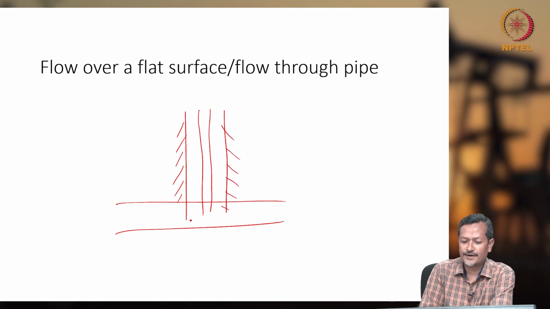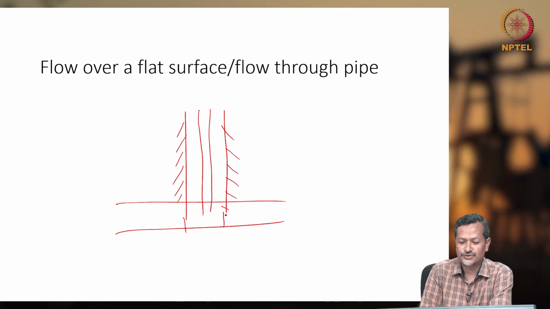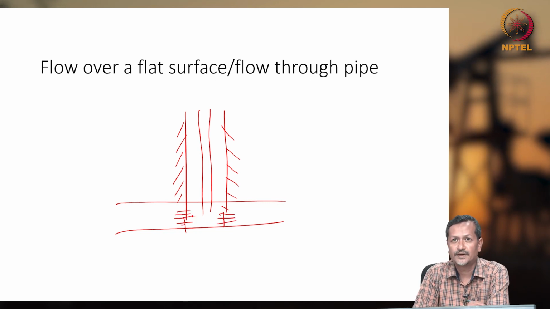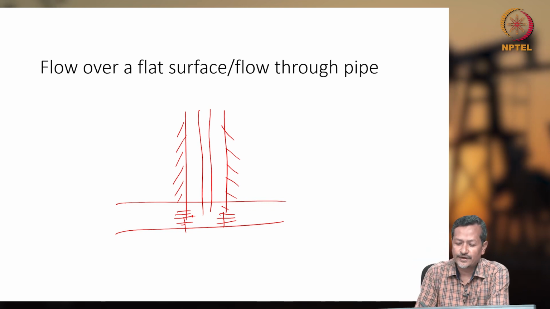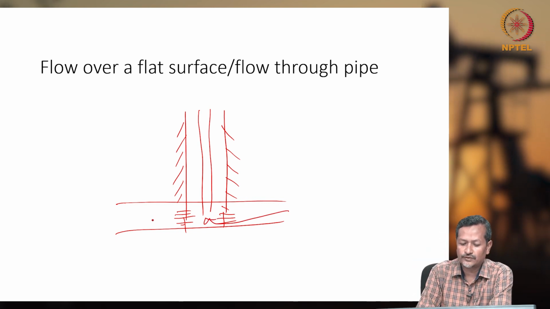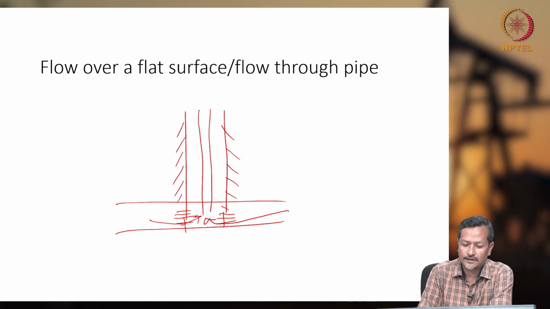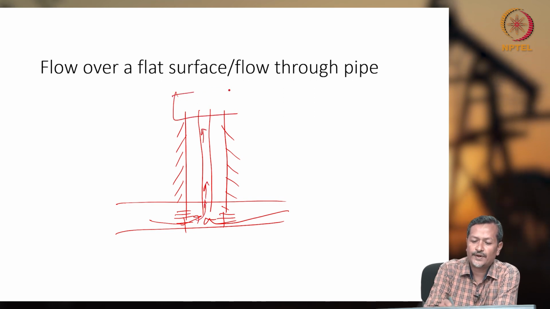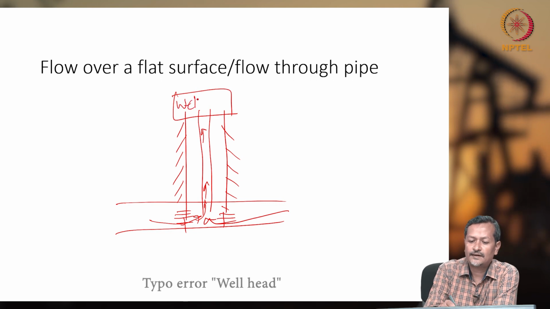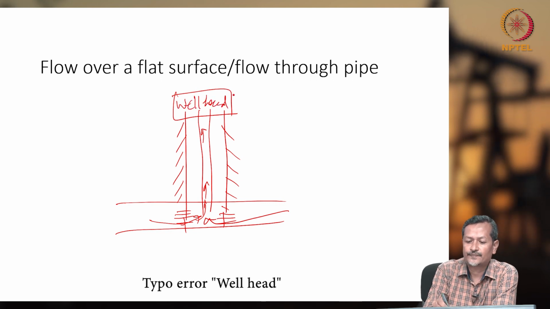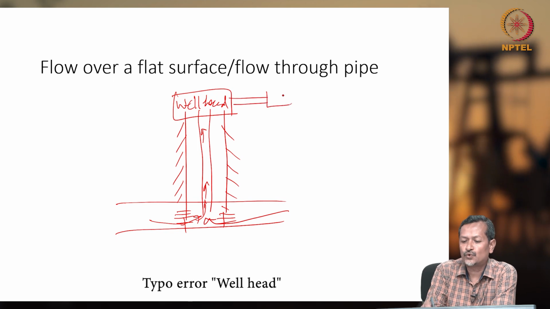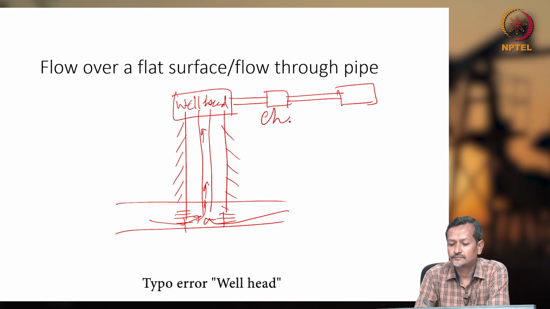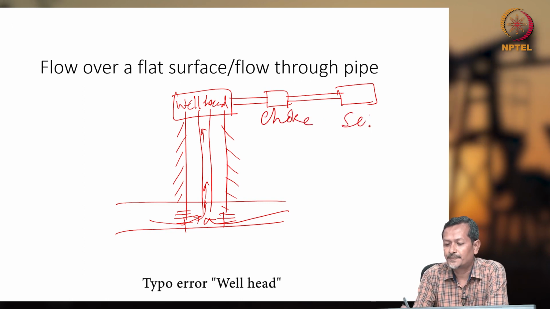When you cement the casing, you are not getting production, so you have to perforate it, or create lots of holes or pores after cementing, so that fluid will enter through the pores to the wellbore, pass through the tubing and reach the wellhead. This is the wellhead. From the wellhead it will go through one choke to the separator.